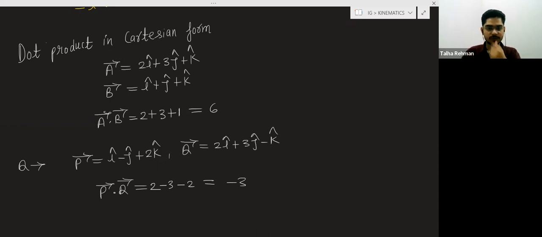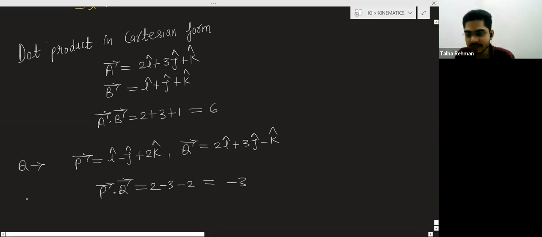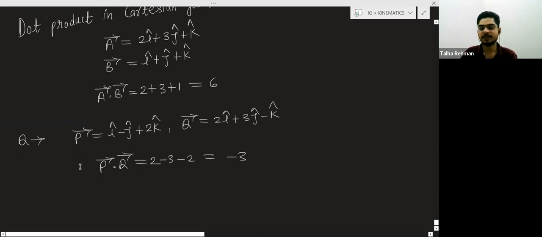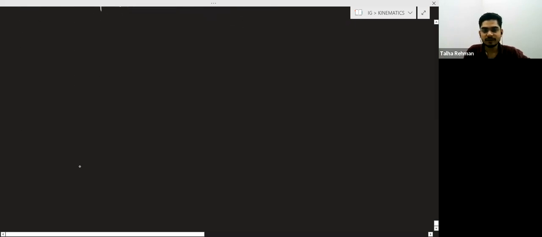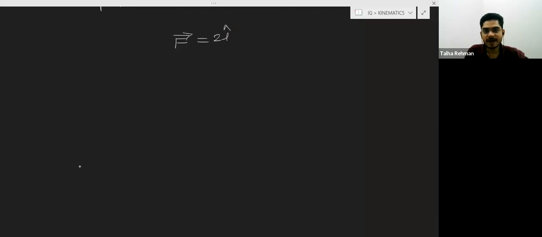Well done. So why am I teaching this? Because if someone asks you to calculate the work done if the force vector is given as 2i cap and the displacement vector is given as 3i cap, then work done is given as the dot product of F and S vector.